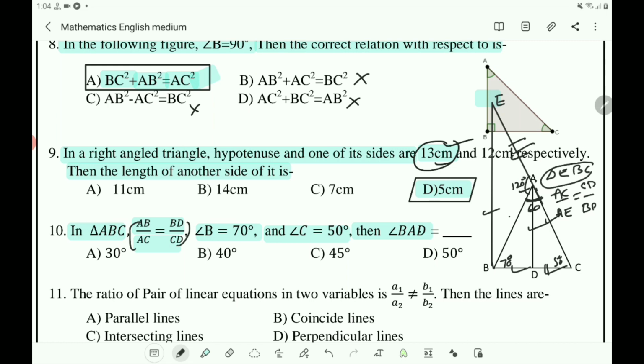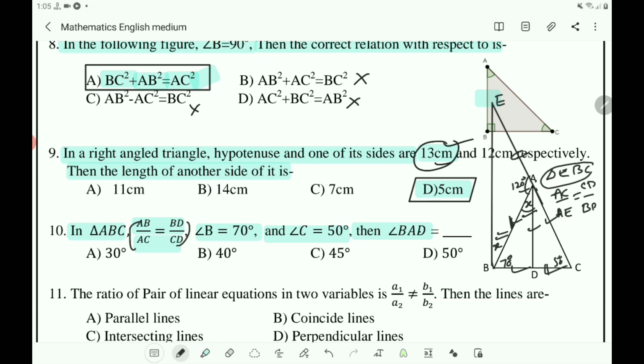And here we have to find out angle BAD. Consider this angle X. As this is X, this angle EBA is also X, because these two are alternate angles made by the transversal AB of this line parallel to this line. So they are equal. And what is the measurement of X here? You know that it is an isosceles triangle. These two are equal means isosceles triangle.